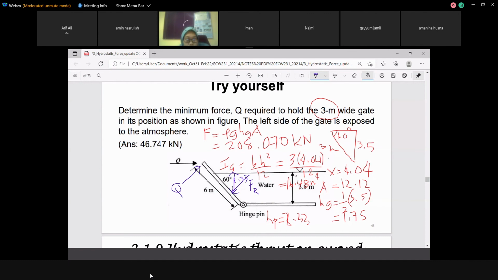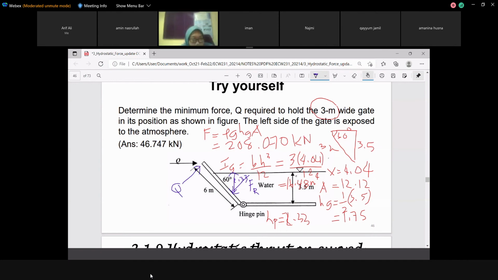Okay. So, let's calculate the original Q. Actual Q yang sebenarnya adalah macam ni. Perpendicular distance. So, perpendicular distance dia masih sampai ke hinge. So, hinge kat sini. So, macam nak cari Q ni?